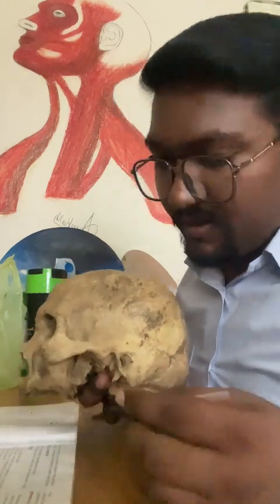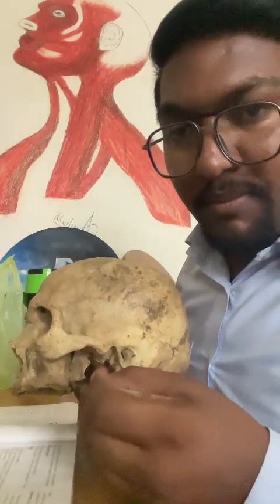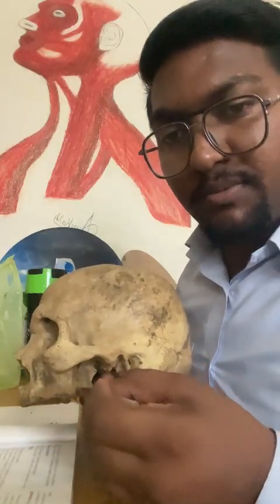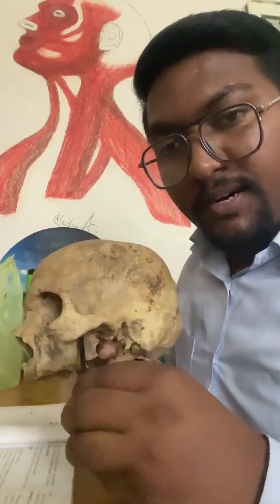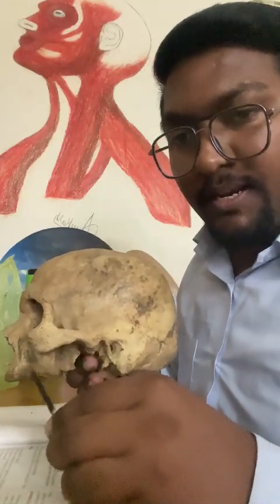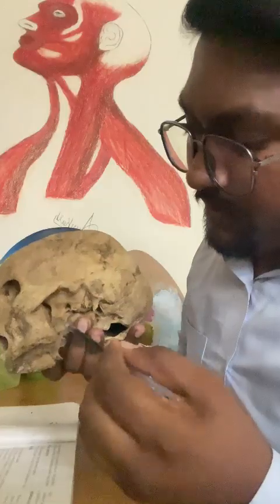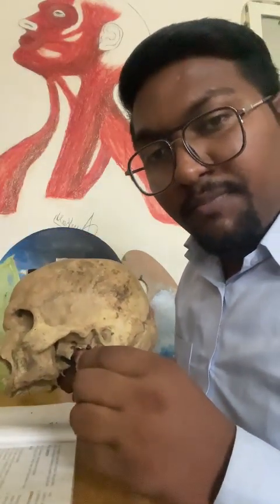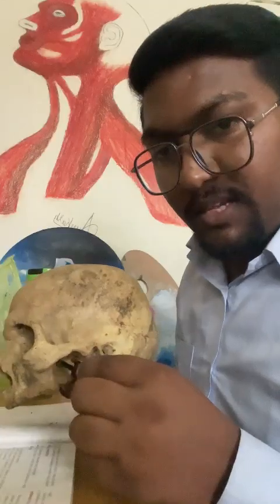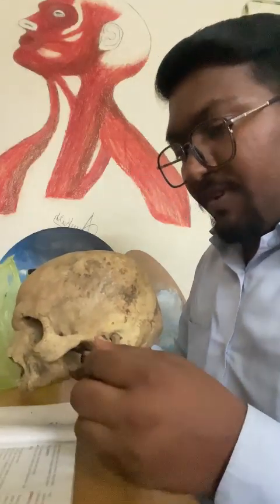Now we talk about the posterior surface of the maxilla, or infratemporal surface of the maxilla. It is convex and directed backwards and laterally. Now here we can see the infratemporal fossa. This is the infratemporal fossa.